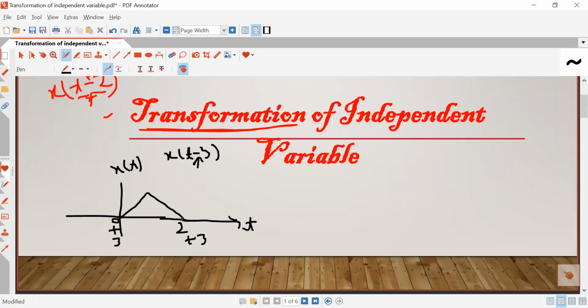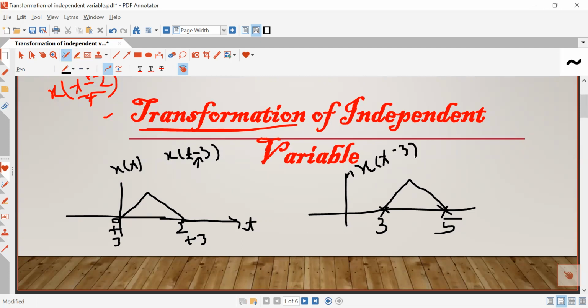So now this point will be plus 5 and this point will be plus 3. Now the signal will exist between 3 and 5, not between 0 and 2. This will be x(t minus 3).